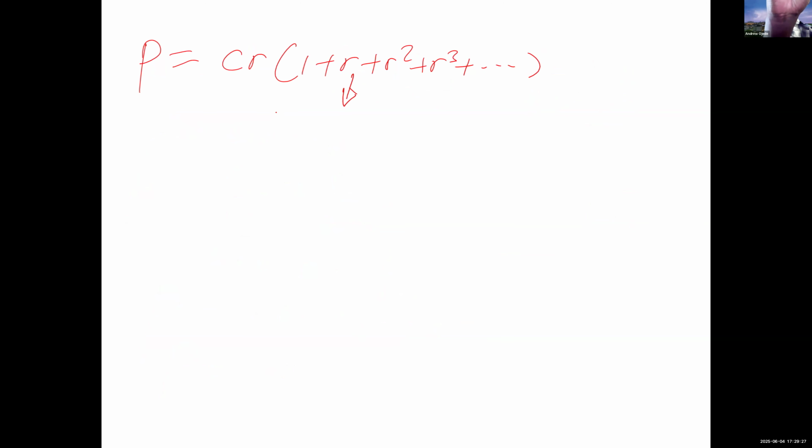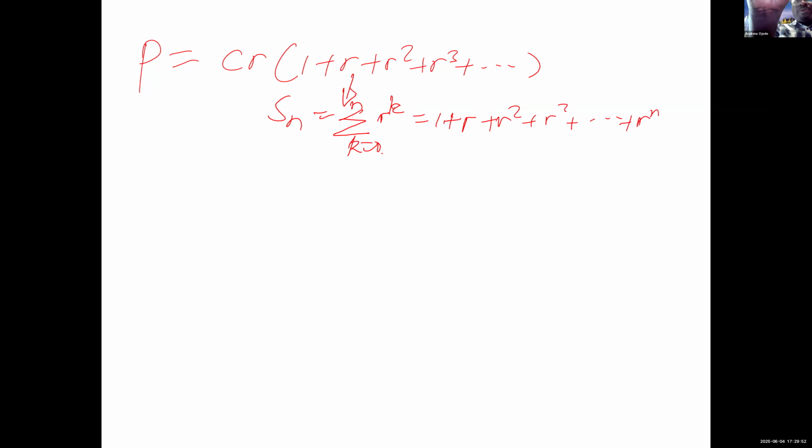This is a geometric progression. The sum of this type of series is exactly what we did in the handout, where K starts from 0 to N, R to the power K. We say this is going to be equal to, if K is 0, that is 1, because any number to the power 0 is 1. Then the second member of the series, because we are summing them, so this is a summation sign, R, R squared, R to the 3, up to R to the power N. But if we say N becomes infinite, this is going to go forever.